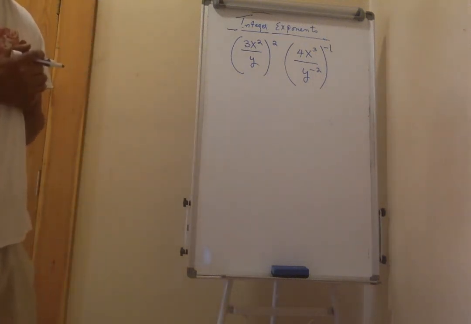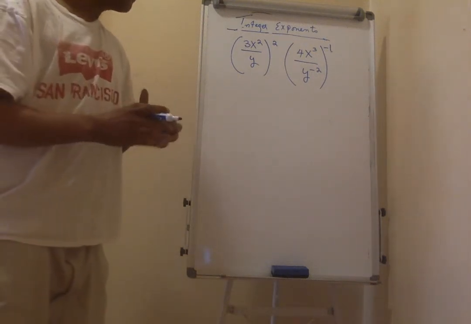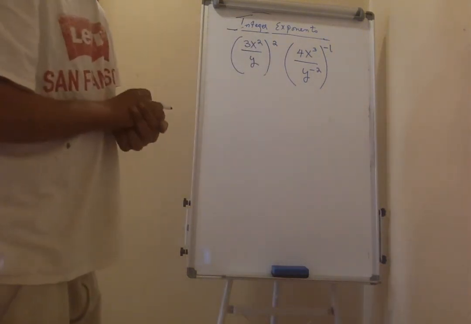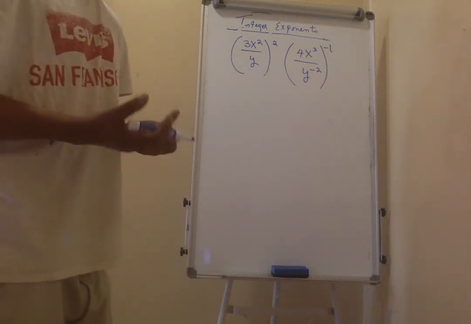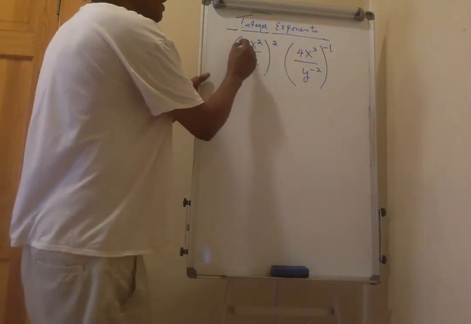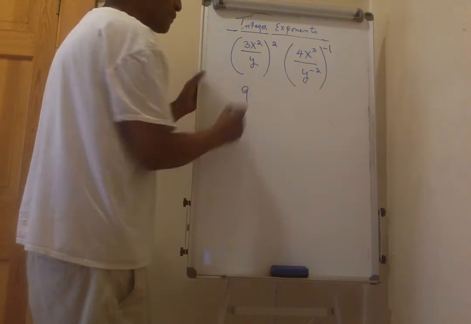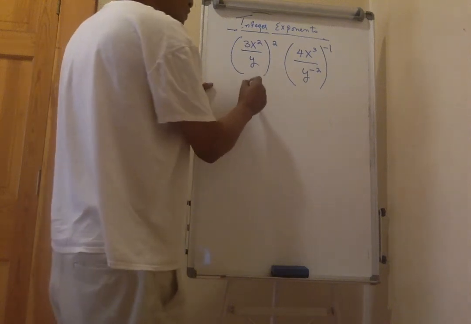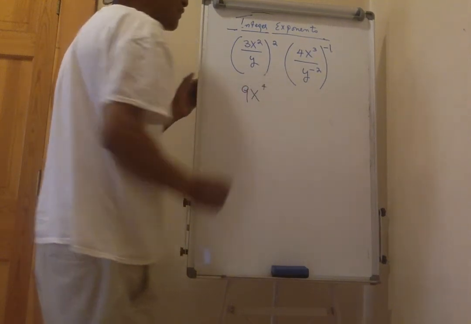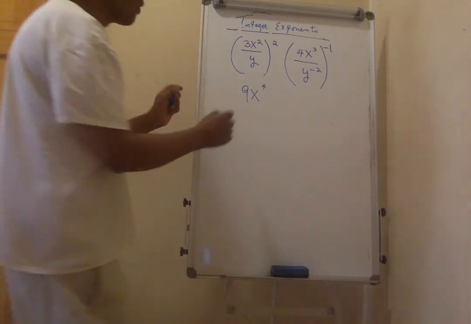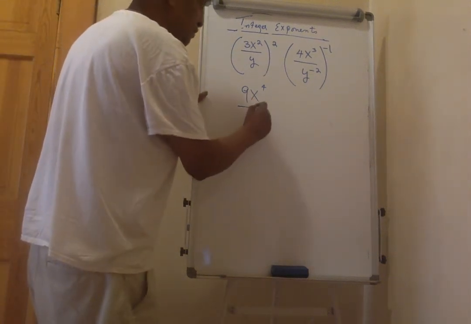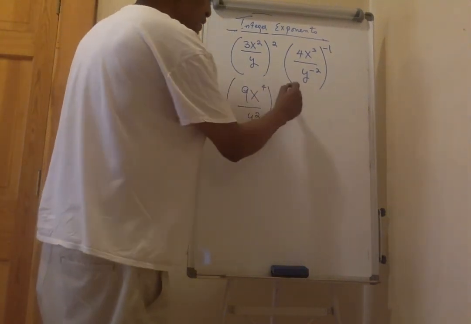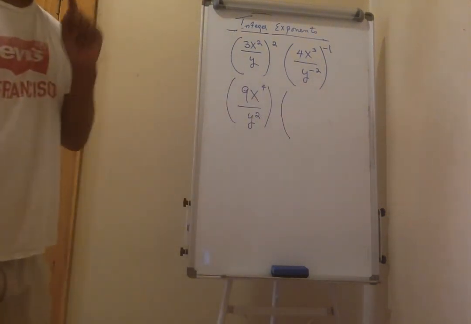Now, again, let's look at it piecemeal wise. Let's try to simplify this. Everything is raised to the second power, so I can use the power rule. So go ahead, 3 to the second is 9. X to the second, 2 times 2 is 4, so you have 9x to the fourth over y to the fourth. Let me put a parenthesis in here. Do the same thing in this one.